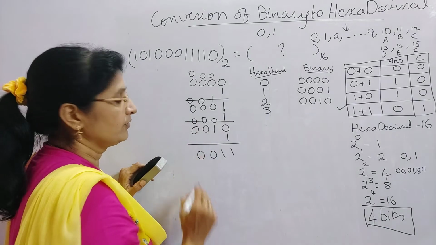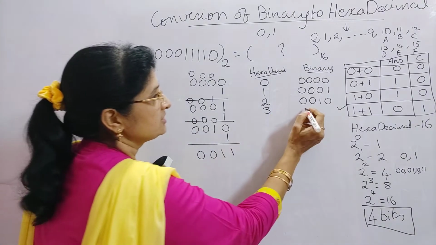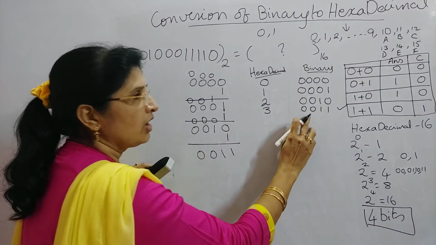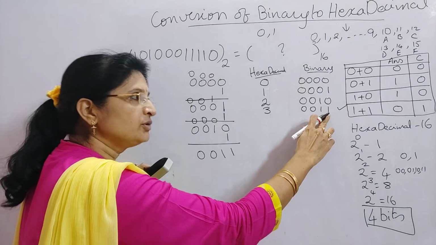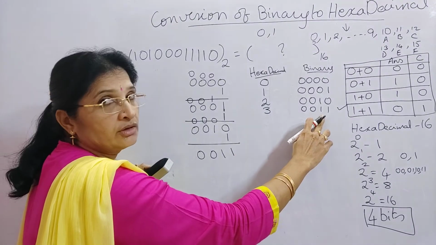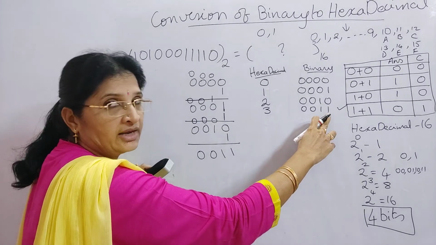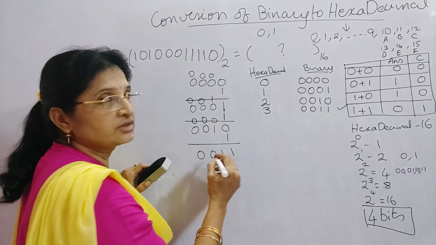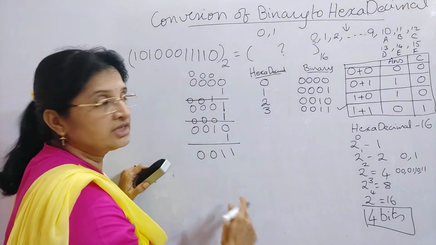And again here it is 0. So this is the binary code for 3: 0, 0, 1, 1. So always what you have to do is add 1 to the latest binary code, then you will get the next digit. So now similarly you do the process and continue for all the 16 values.